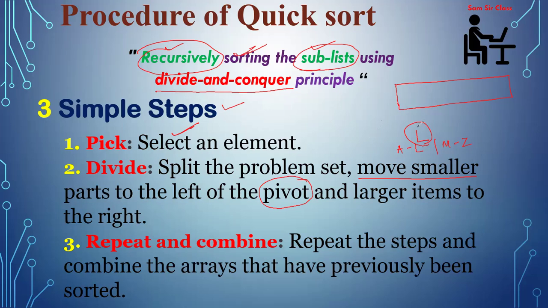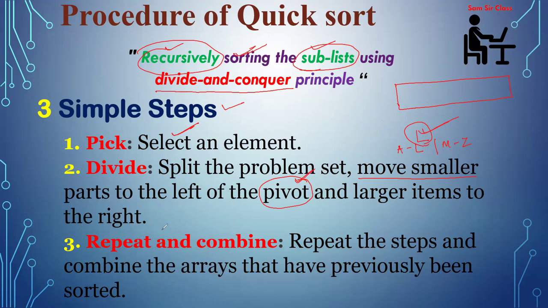But on the basis of the pivot element, you are dividing the entire list into two smaller lists. So for example, if you want to understand what a pivot is, here my L is my pivot element. The element you are selecting, so that the total list can be divided into two halves, that element is known as a pivot element.